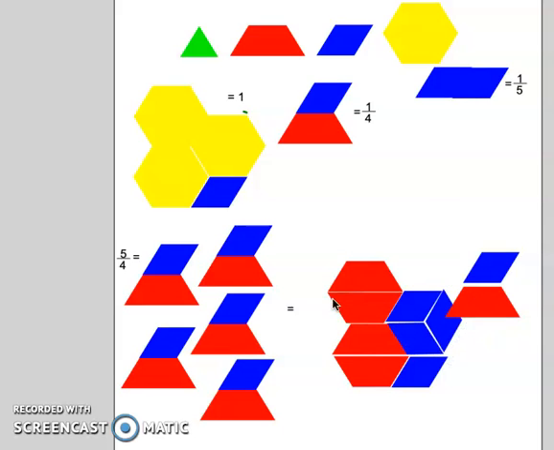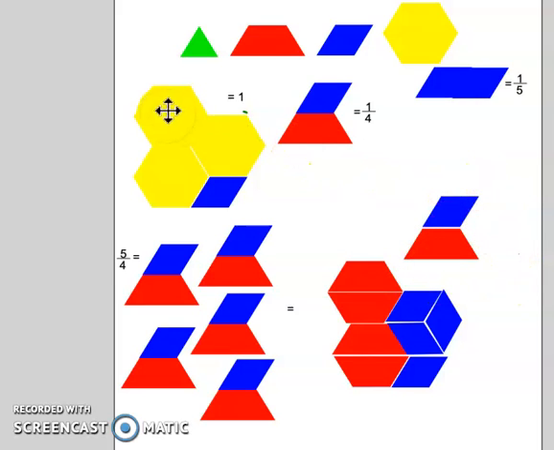Oops, sorry, this won't. And then our extra 1/4 piece here. So here again, our 3 hexagons and our blue rhombi, 1, 2, 3 hexagons, blue rhombi, and then our extra 1/4 piece. So here's our 5/4.